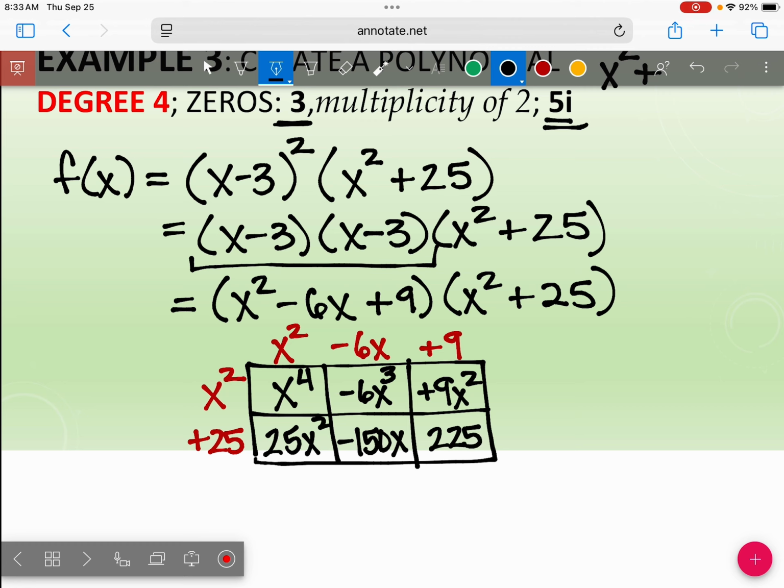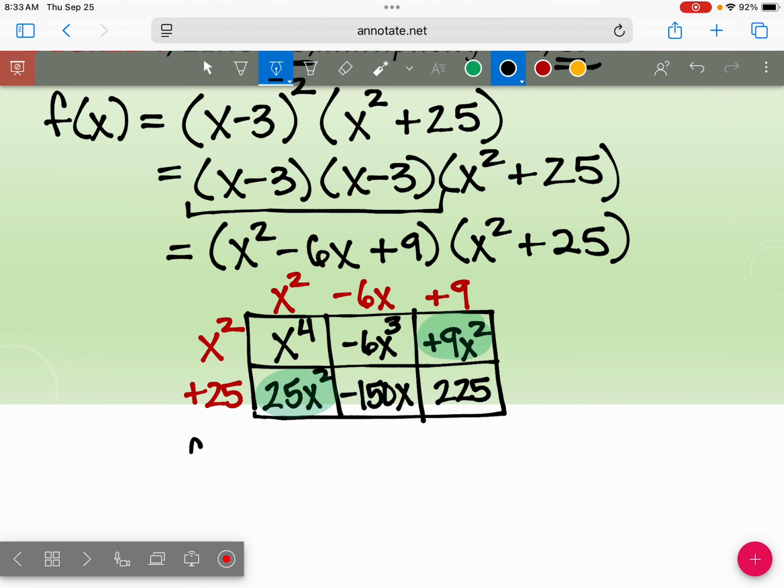All right, so we do have 2 like terms. This time they're not at a diagonal because we have the same degree. So there's only 2 boxes that can be added together. So my final function would be f of x equals, and then we have x to the 4th minus 6x cubed.